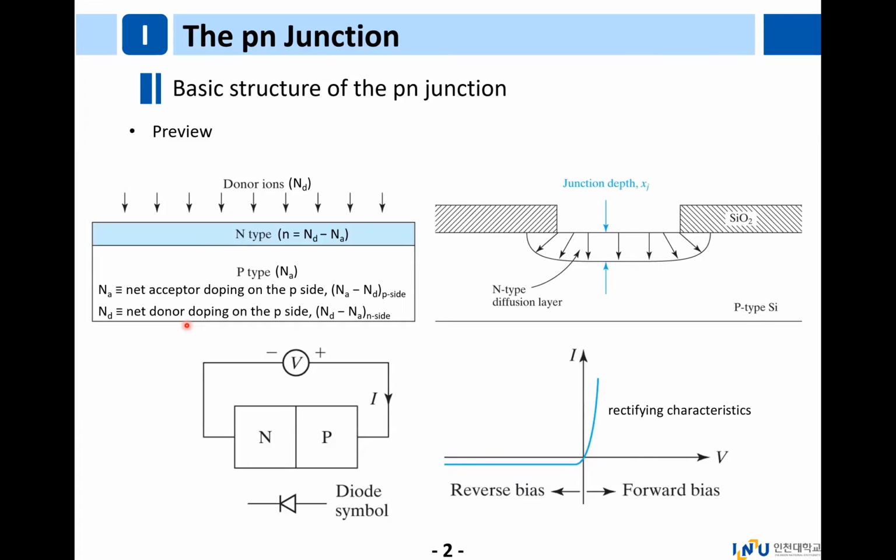For instance, if there are donor ions in the p-type region, we will subtract the donor concentration from the original acceptor concentration and call it NA. Similarly, by subtracting the acceptor concentration from the original donor concentration, we will denote the net donor doping concentration as ND.